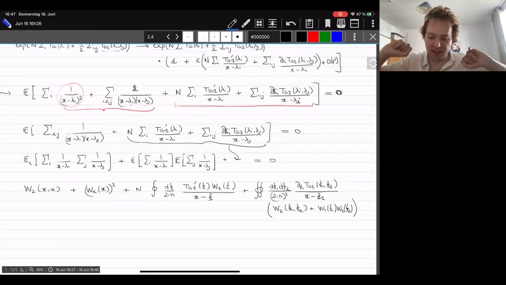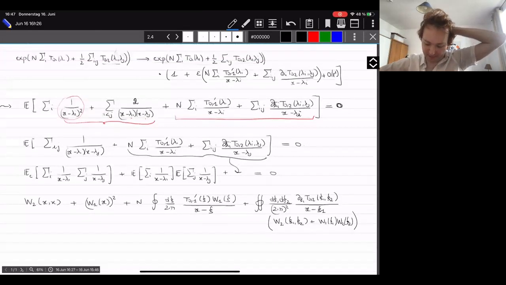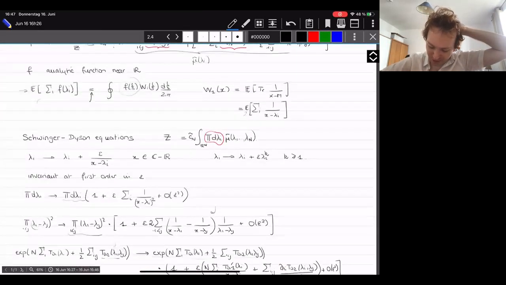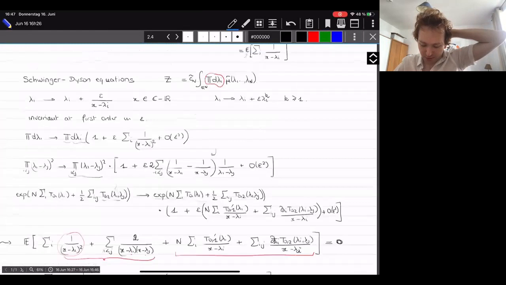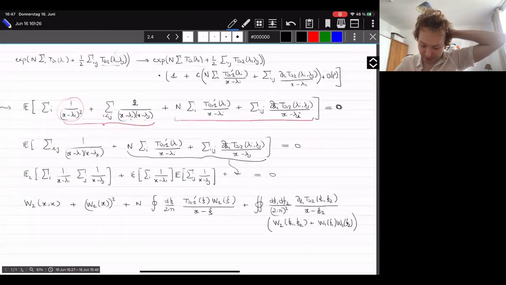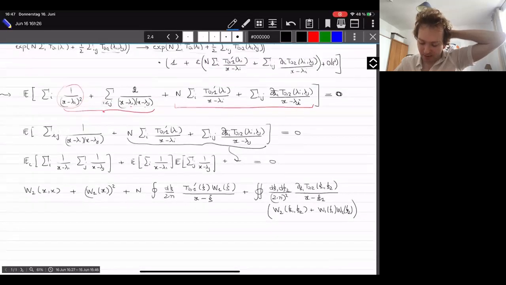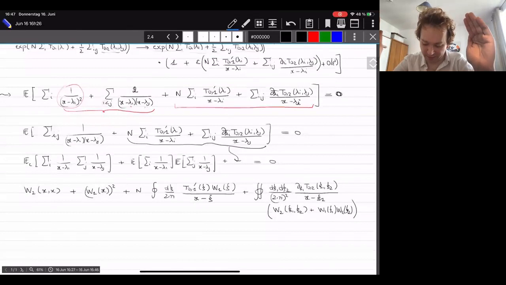If your eigenvalues are allowed to go to infinity, you have problems. What I'm saying is that effectively you don't have problems providing that you choose your T so that this measure goes to 0 quickly enough at infinity. So for that reason, it's up to exponentially small corrections in n. You can think that all the eigenvalues are in a segment on the real line, and then this contour is just going to be a circle around this segment. Okay, yeah, thank you.